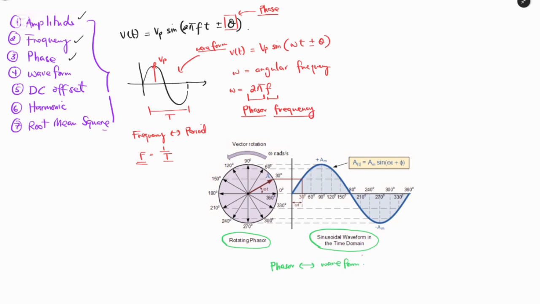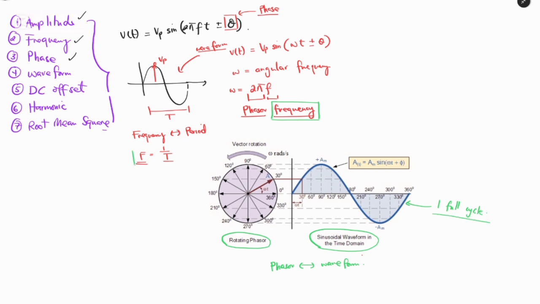Now you can see that in terms of the phasor representation, completing one cycle means the frequency represents the time taken to complete one full cycle. And this waveform here is a representation of one full cycle.